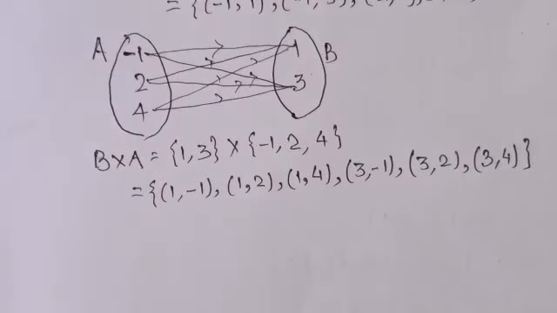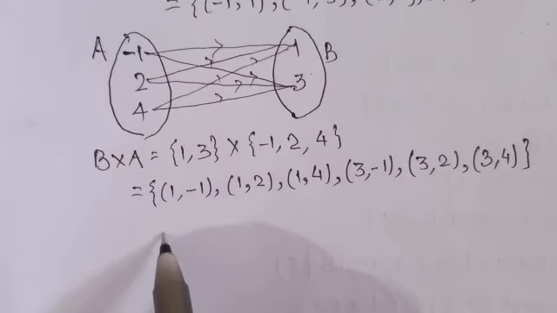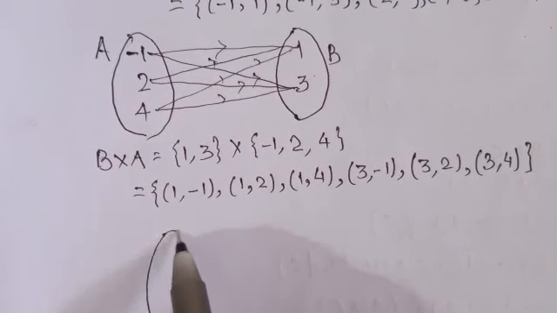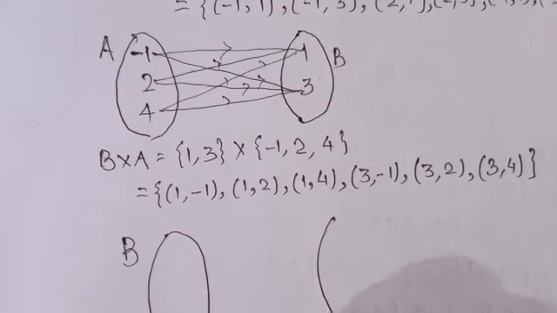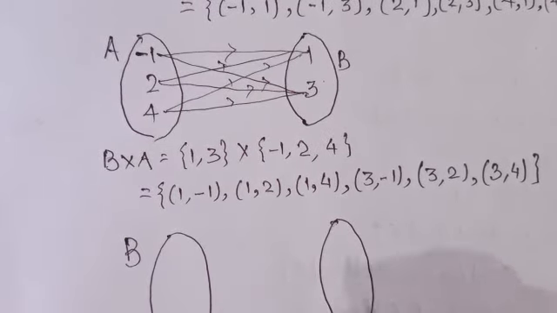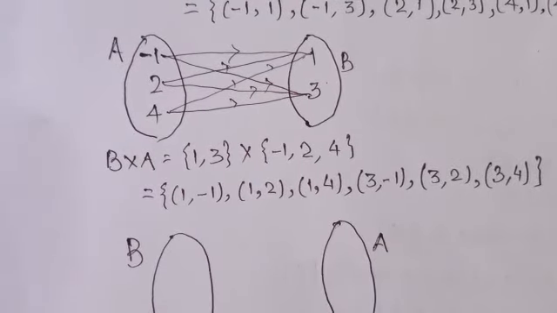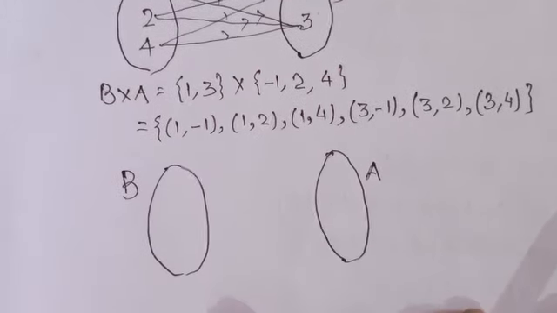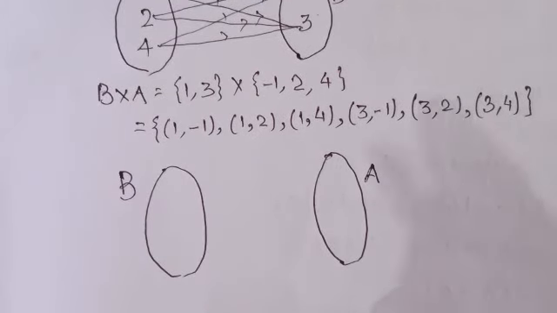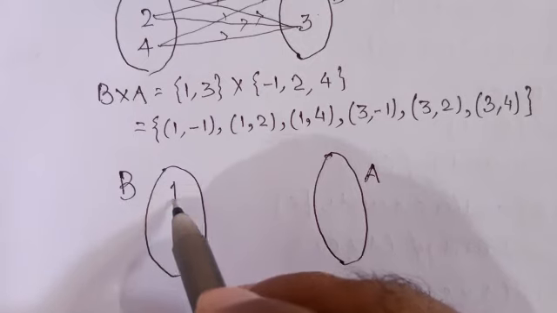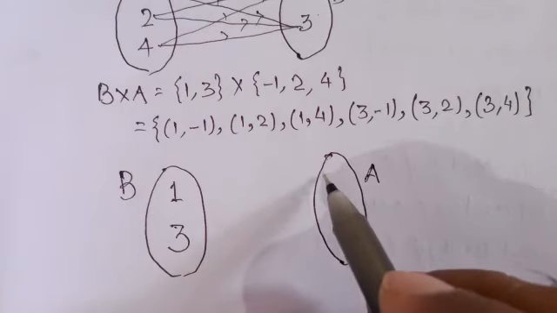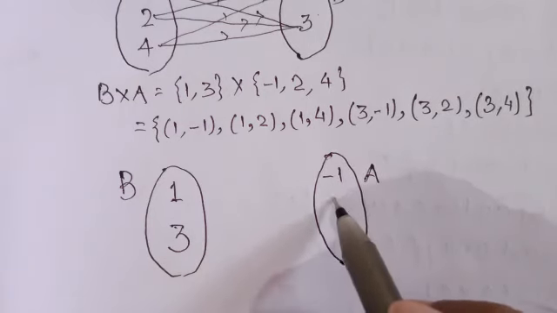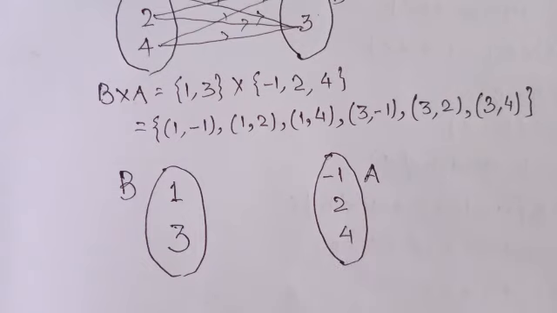Then consider two sets. Suppose the first set is B and the next one is set A, because you are drawing the arrow diagram of B cross A. Write the elements of B, which is 1, 3. Write the elements of A, which is -1, 2, 4.